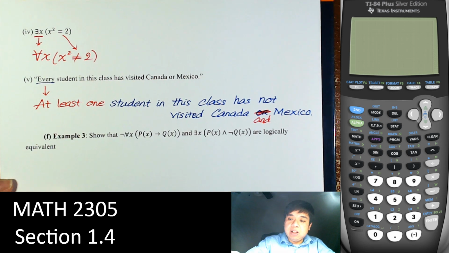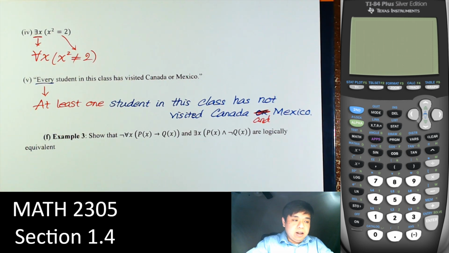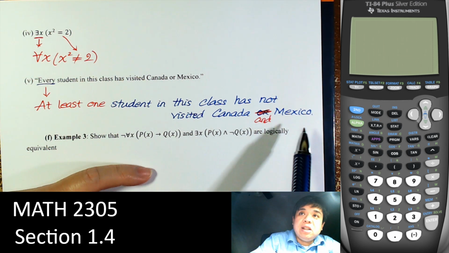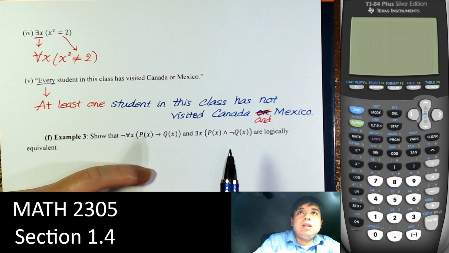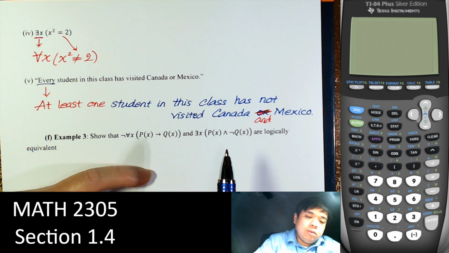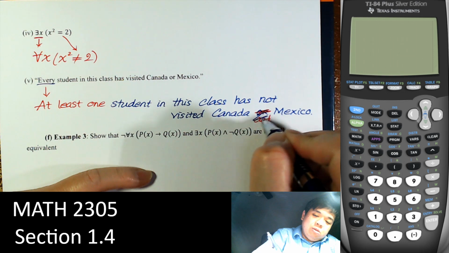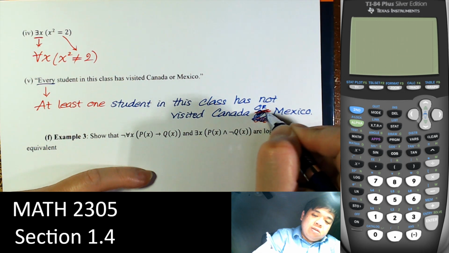The reason is they have not visited Canada and not visited Mexico. If we don't need the parentheses, then we'll just leave it all. It'll be just fine.